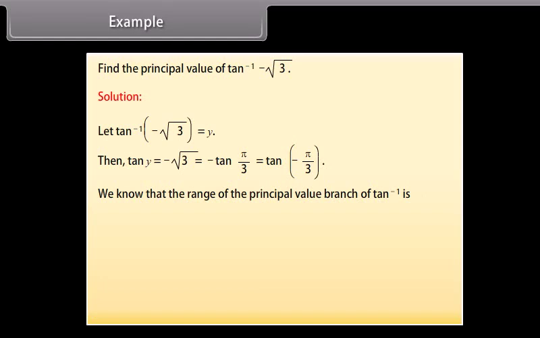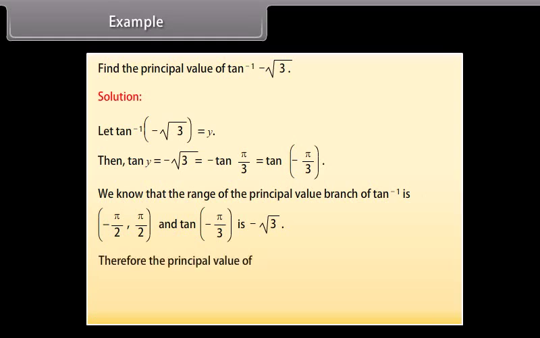We know that the range of the principal value branch of tan inverse is (minus pi by 2, pi by 2), and tan of minus pi by 3 is -√3. Therefore, the principal value of tan inverse of -√3 is minus pi by 3.